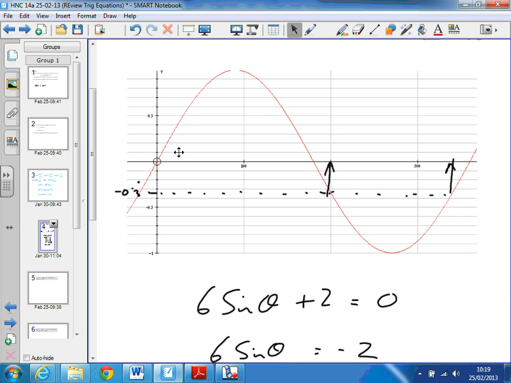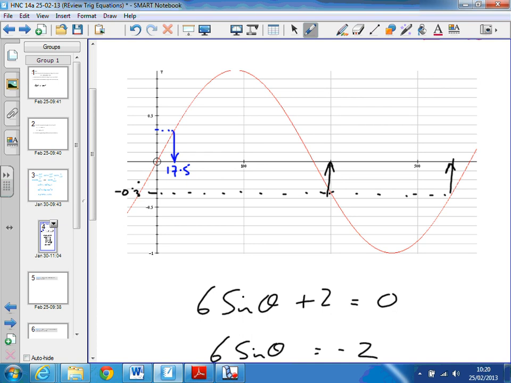Okay, 360 takes us to here. Right, so what we do now is we take into account the fact that this wave is symmetrical. 0.3 is here somewhere, and so that's 17.5 degrees.